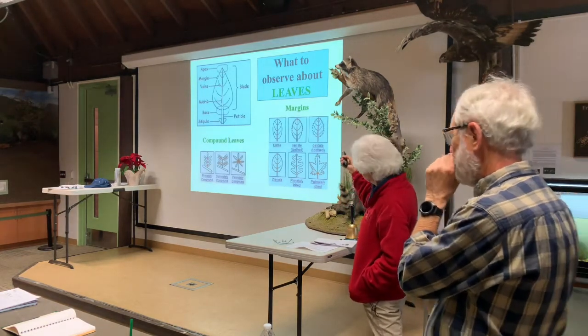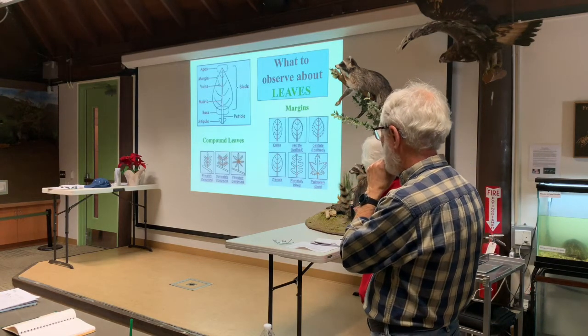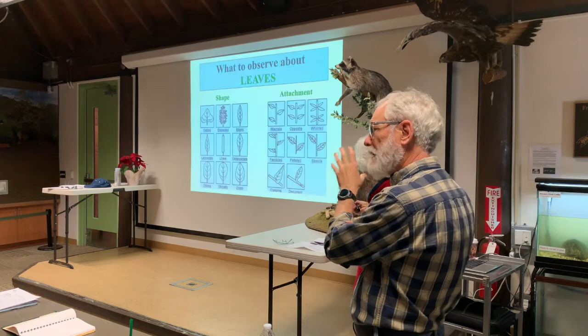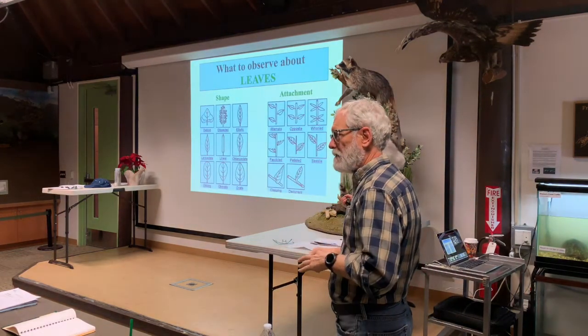So you have this in your handout, and you can study it from there. And there are more extensive diagrams like this with more terminology in the Windows into the Wild books that you have.